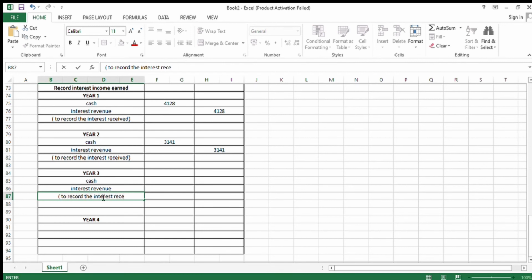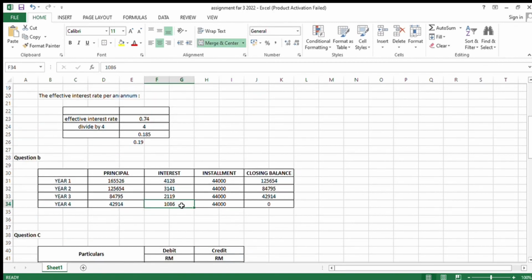So for year 1, the amount is 4128, year 2 3141, year 3 2119, and for the last year 4, the amount is 1072.